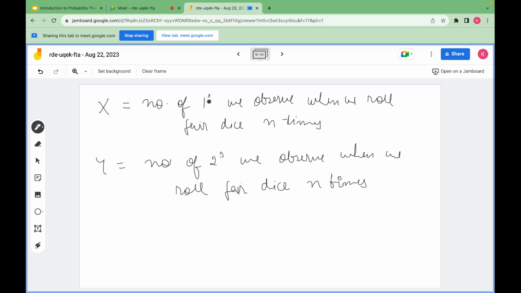We know the probability when we roll a die. What is the probability that its outcome will be 1? It will be 1 by 6.